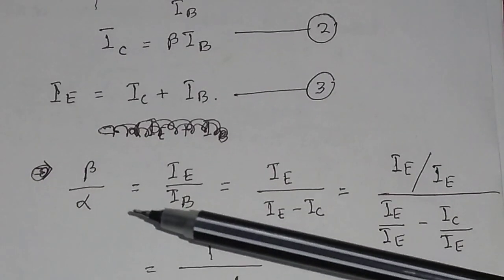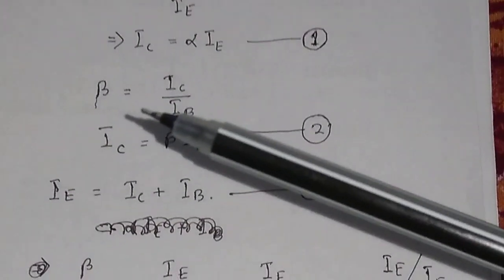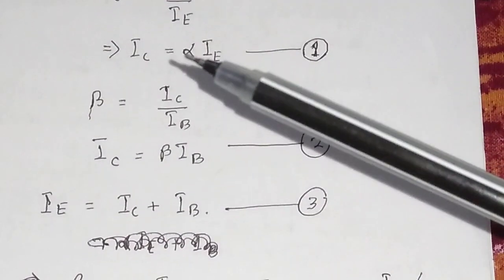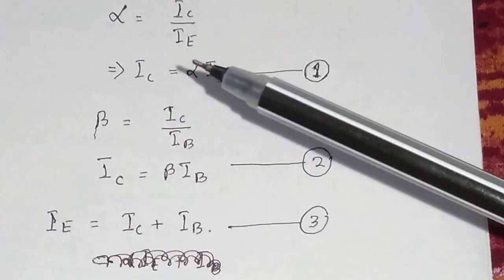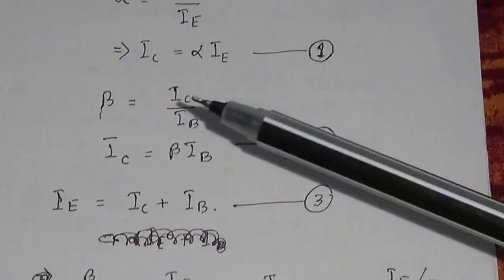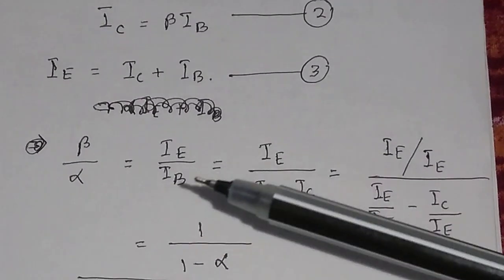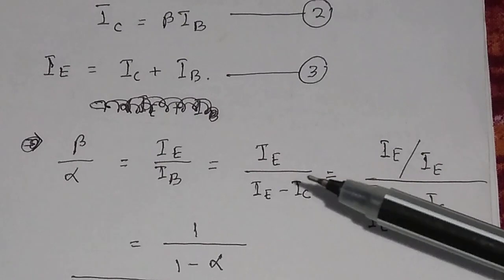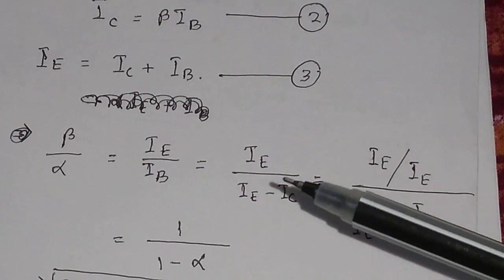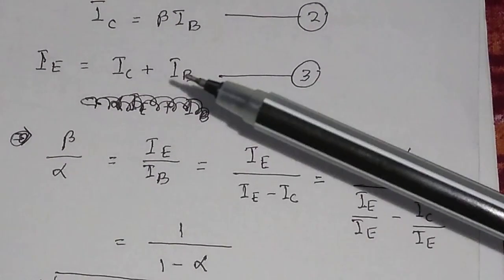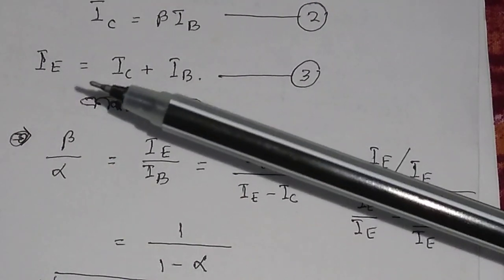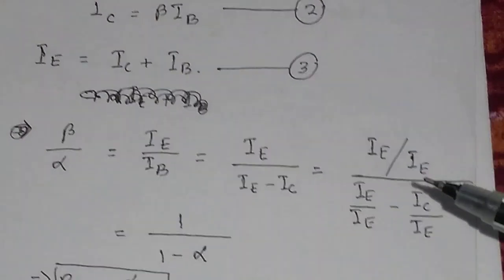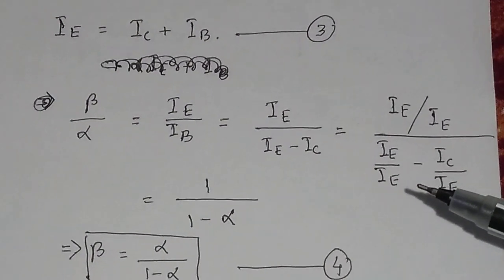And if you divide beta by alpha, you see beta is equal to IC divided by IB and alpha is equal to IC divided by IE. So if you divide beta by alpha, IC cancels, so it will be equal to IE divided by IB. And IB from equation 3 is equal to IE minus IC, and you divide IE in the numerator and also in the denominator.